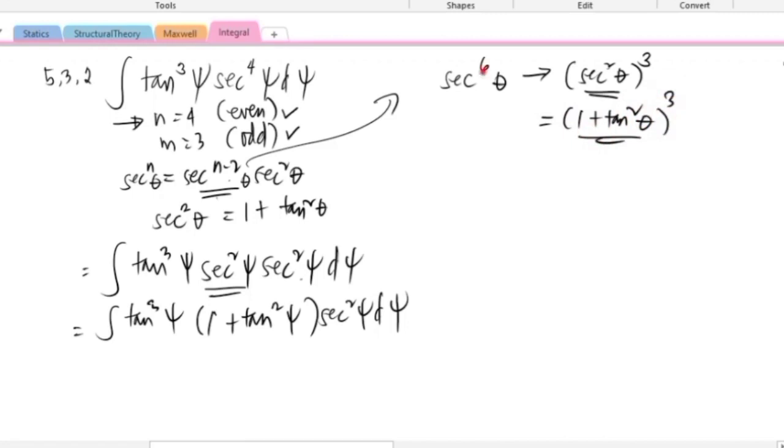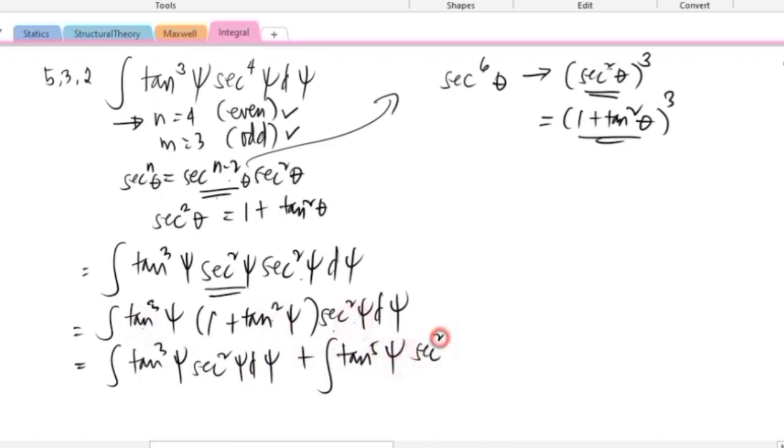Okay, so we have here the integral of tangent cube psi multiplied by secant square psi d psi plus the integral of tangent square times tangent cube, so that's tangent to the 5th psi multiplied by secant square psi d psi.